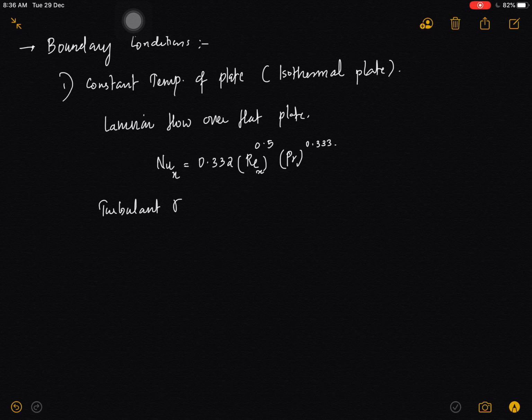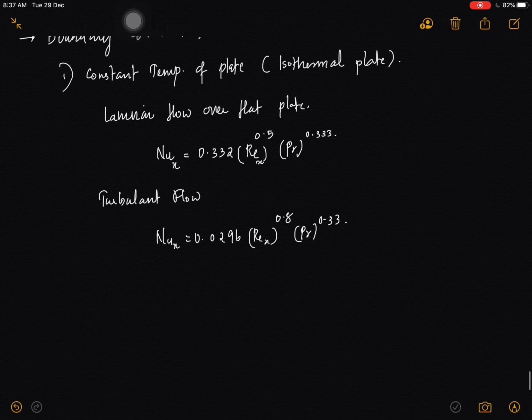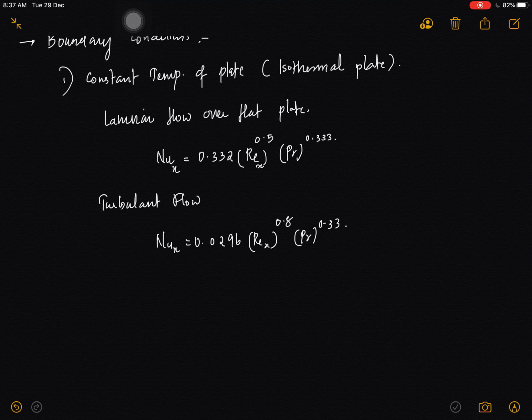And if we are having turbulent flow over flat plate, we have Nux is equal to 0.0296 into Reynolds number Rex raised to 0.8 into Prandtl number raised to 0.33, and this is about the local values.